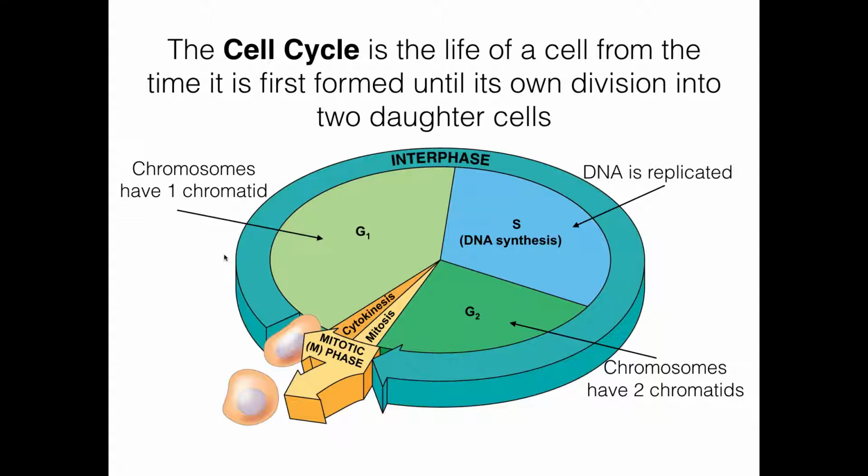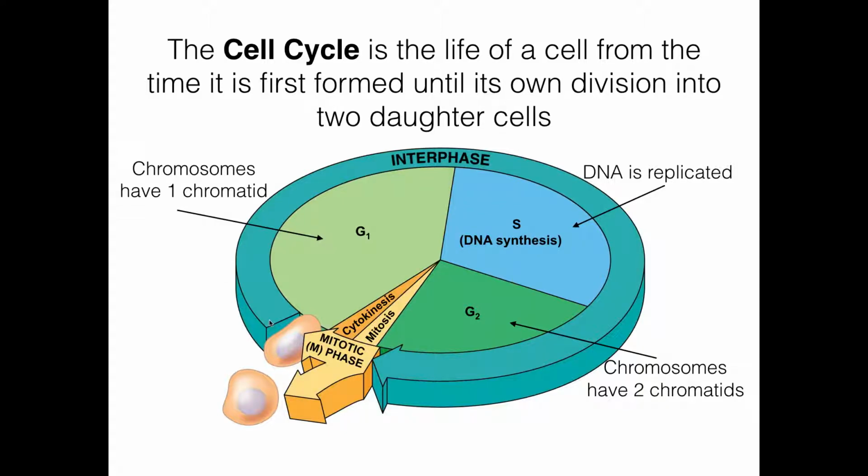The life cycle of a cell is what's called the cell cycle. This goes from its birth all the way until it divides or dies. So it's the life of a cell from its time it's first formed until its own division into two what are called daughter cells. The cell cycle consists of two broad phases.